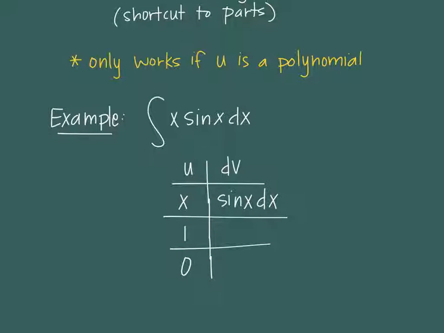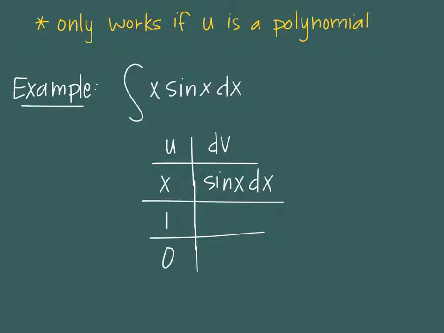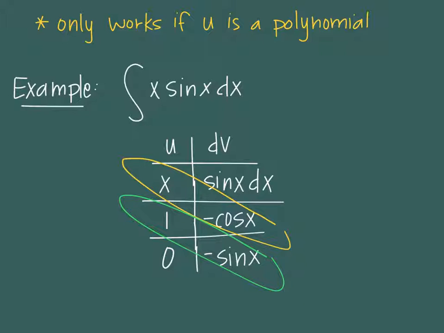So the antiderivative of sine x is negative cosine of x. The antiderivative of negative cosine of x is negative sine of x. Okay? All right, now you pair up diagonally, those two pair, and these two pair.